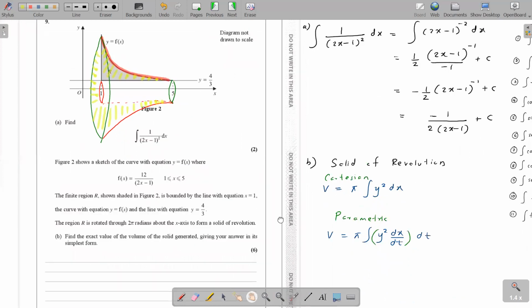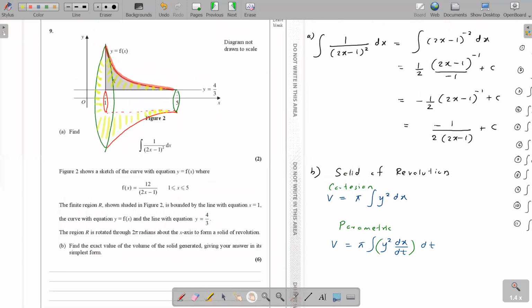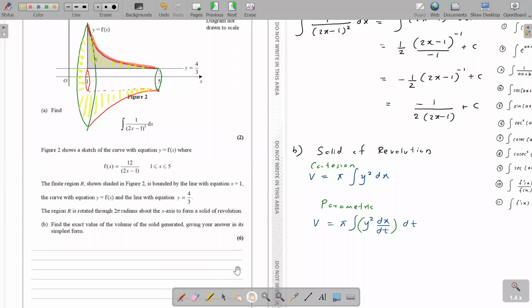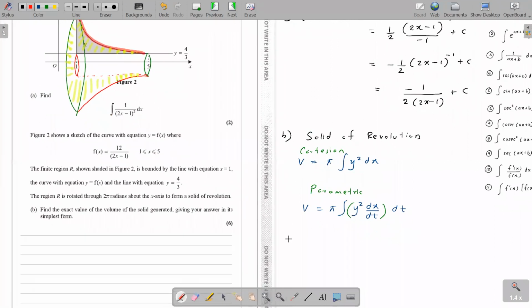So first, I'll get the volume of the complete 3D object here. Volume equals pi integration y square. Here our y equation is the f(x), so that's 12 over 2x minus 1.